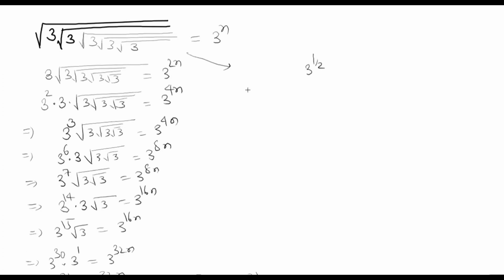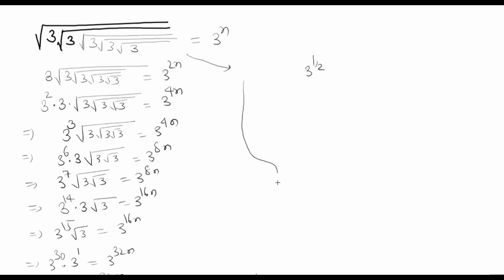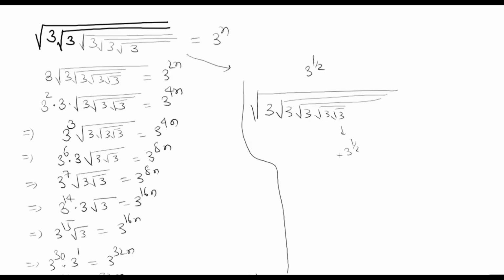So what we can look at here is, this is the big number, right? 3, 3, 3, 3, and 3. So we start with the inside one. I can say that this is nothing but 3 to the power 1 by 2. And then the next one is 3 to the power 1. And this whole thing has to be to the power of 1 by 2. So till here I'm done.